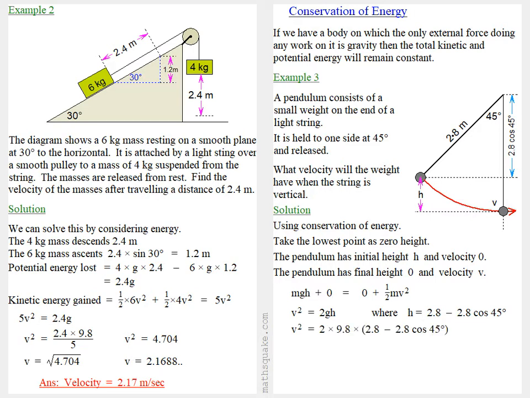So this gives us v squared is equal to 2 times 9.8 times 2.8 minus 2.8 cos 45, which works out to be 16.0735. So v is the square root of that, which is 4.00923. So the velocity at the lowest point is 4.01 meters per second.